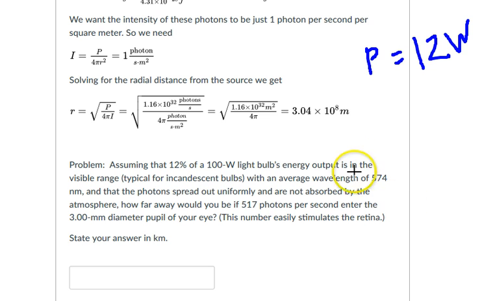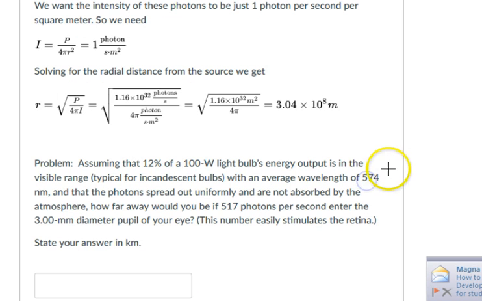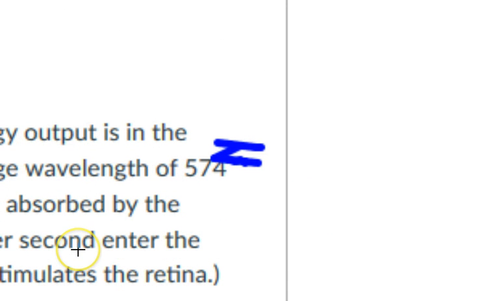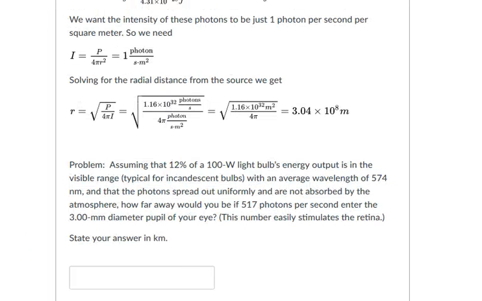Okay, and our photon, well, let me redo that. Our photon energy we're going to get from this.